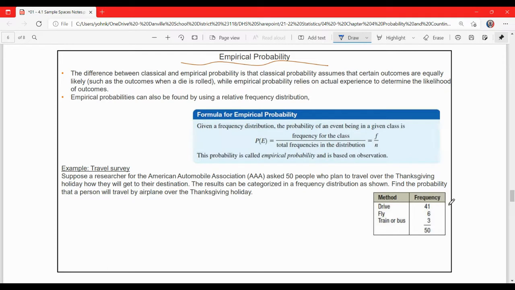Well, the number of people that say they're going to travel by airplane, that's flying, is 6. I take the frequency 6 and divide by the total number of people asked, which is 50. That gives you 3 over 25, which is 0.12. So basically 12% of the people are going to travel by airplane.